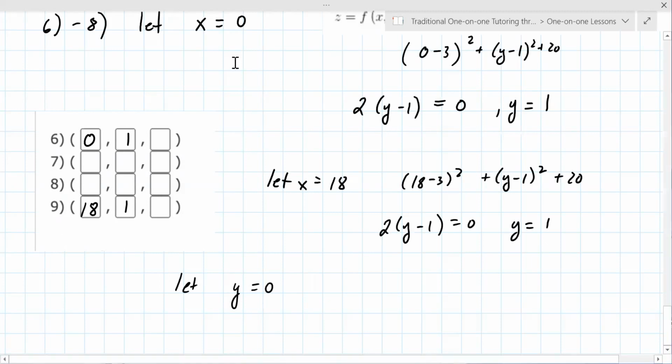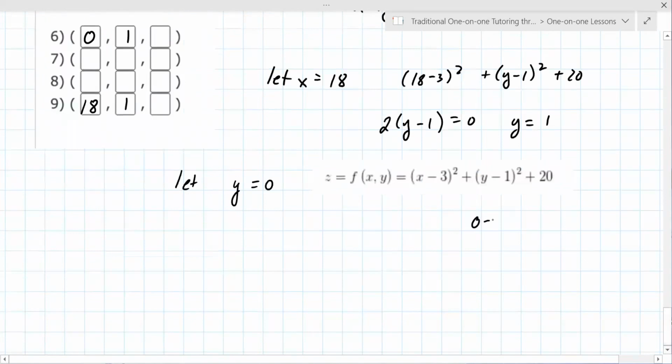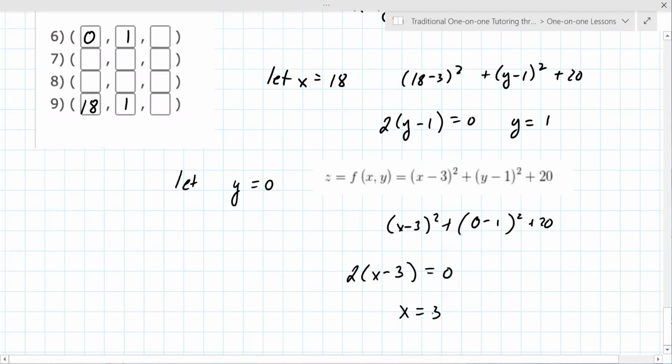If you go back, let me snip in this z. When you let y equal 0, you get 0 minus 1 squared, but again, it's a constant, so you don't care about it. It's irrelevant. So your derivative is just the 2 times x minus 3, so x is 3. So it's actually 3, 0.